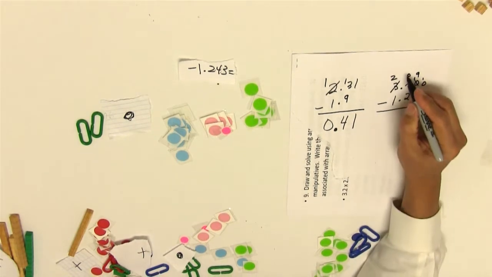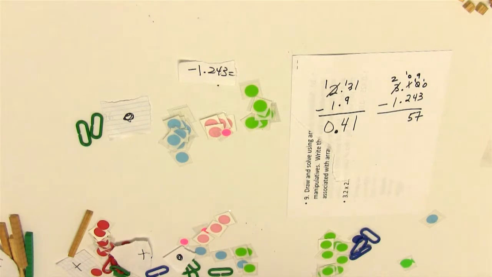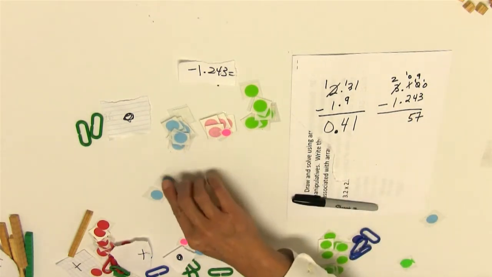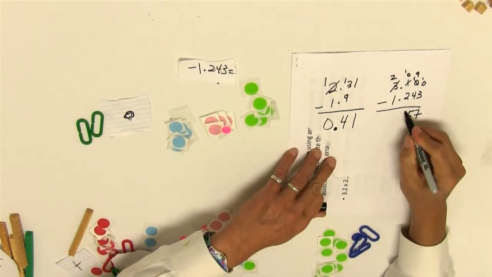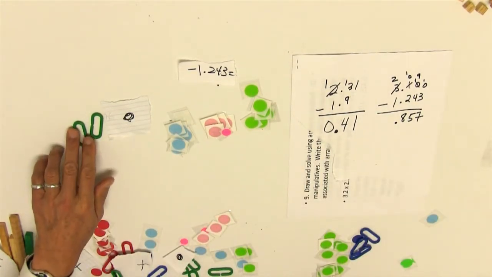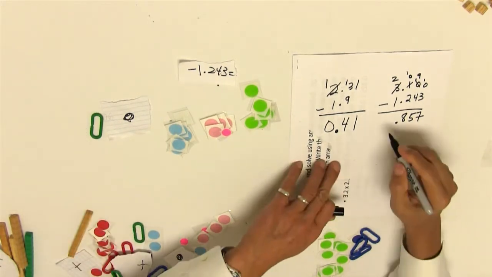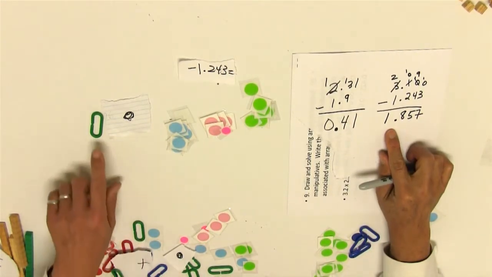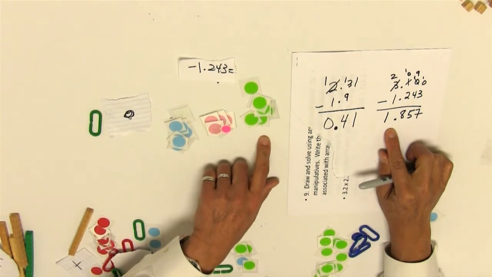So I better record that up here, because now it says I've got 10 tenths. Okay, now I can take away 2 tenths, and I have 8 tenths left, and I take away one of the ones, and I have 1 ones left, and my final answer is 1 and 857 thousandths.